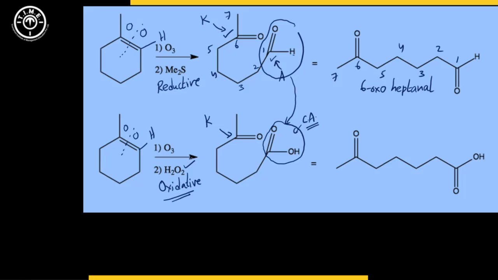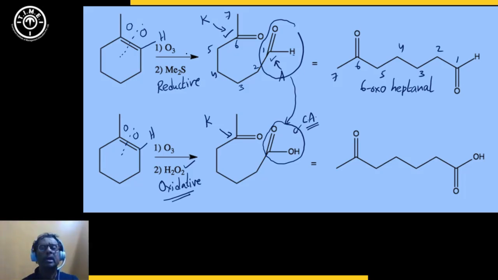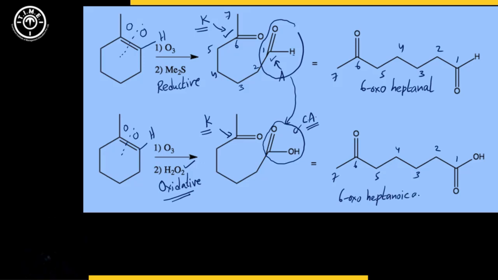An aldehyde will turn into a carboxylic acid, but a ketone will remain a ketone. Clear? So the ketone is still here. This has become a carboxylic acid. So this is 1, 2, 3, 4, 5, 6 and 7. This is 6-oxo-heptanoic acid.